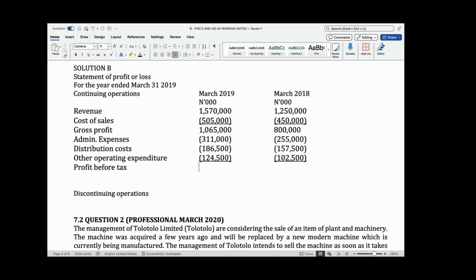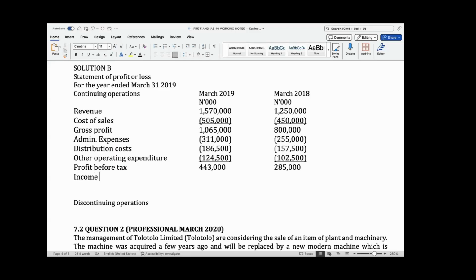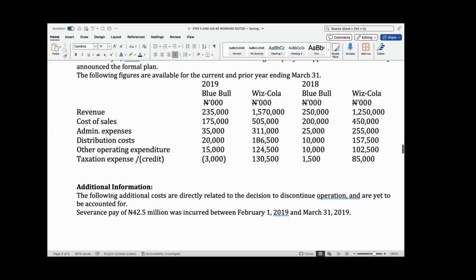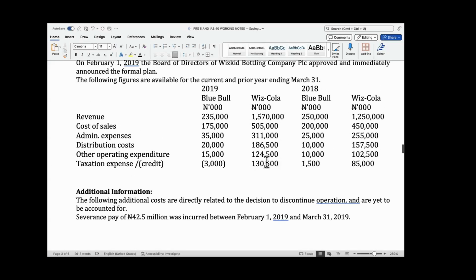443,000. And for March 2018, the income tax, 285,500.